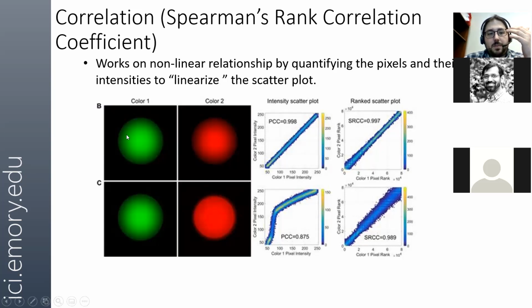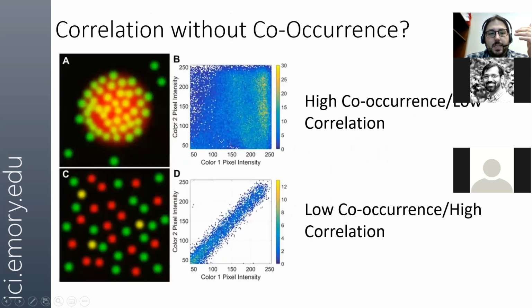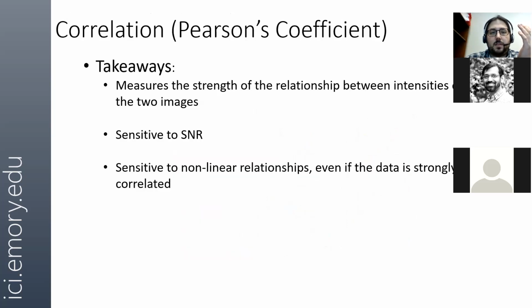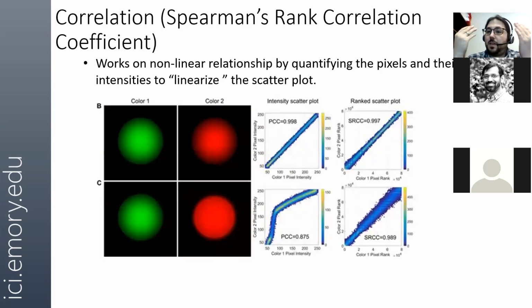For example, here, B and C. In the top, we have a linear relationship, and our rank correlation coefficient and our Pearson's coefficient are very similar.